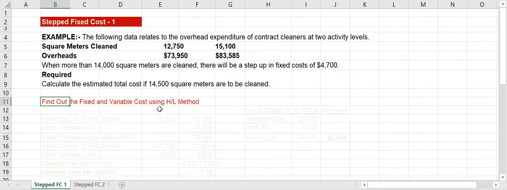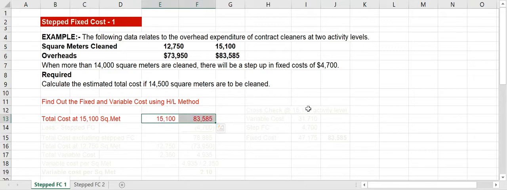Under the high-low method, you take the highest quantity and the highest amount, and the lowest quantity and the lowest amount. From the highest amount, you remove the lowest amount so that you can identify the variable cost. First, the total cost at 15,000 square meters is 83,585.